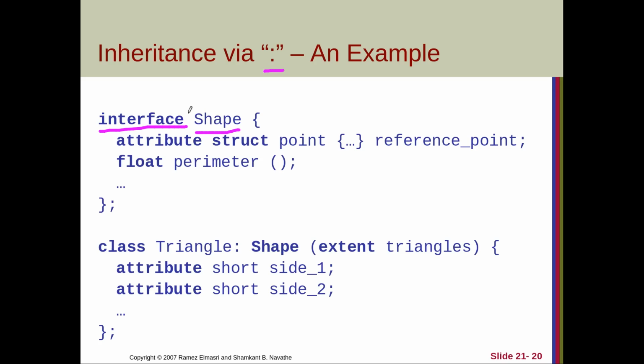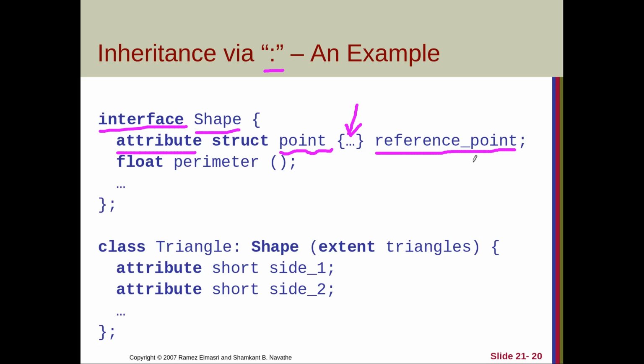Here this interface shape consists of an attribute which is again a structure type, a structure named point, which is having further elements, some elements included here with some data type, some type of values that are part of the structure type used for the shape interface, and the name of the attribute can be given as reference point.